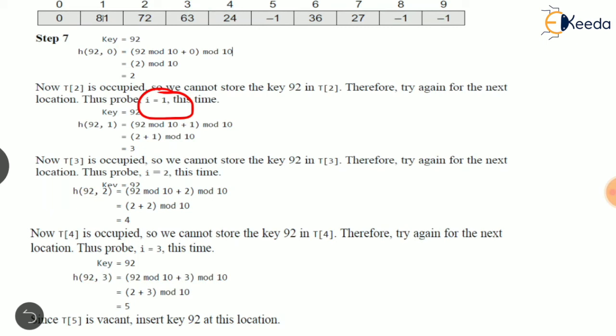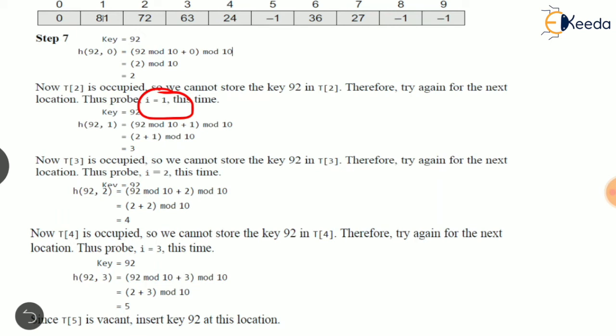Now h(key, probe number), where the probe number was 0 in the previous case, is now 1 because the second position in the hash table is already occupied, and accordingly the answer changes. Now 92 mod 10 plus 1 mod 10. So the answer is 3.